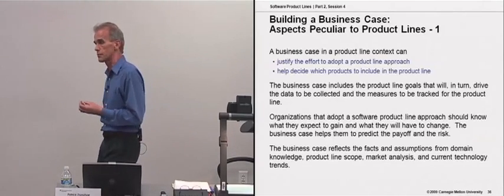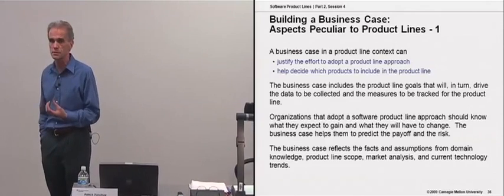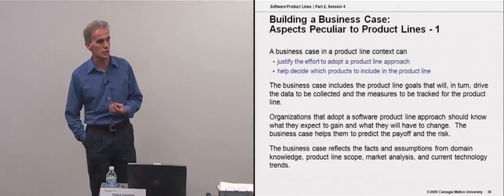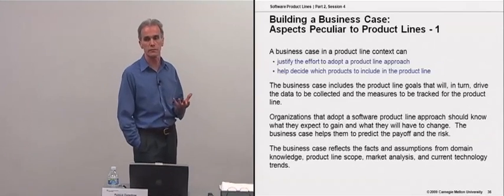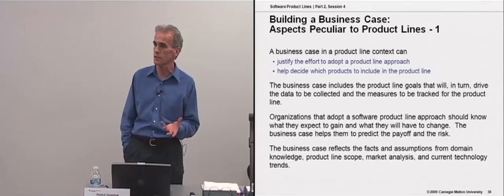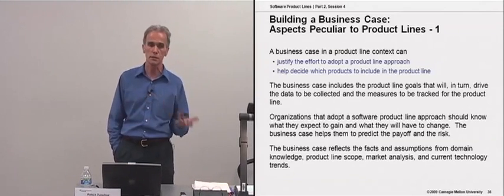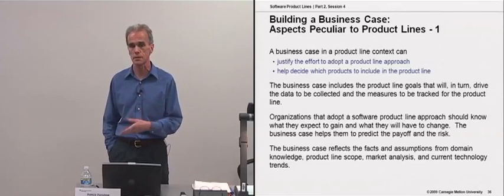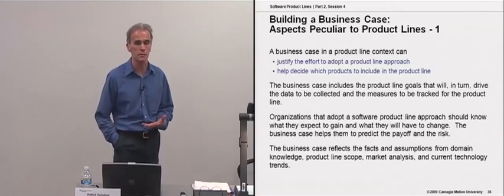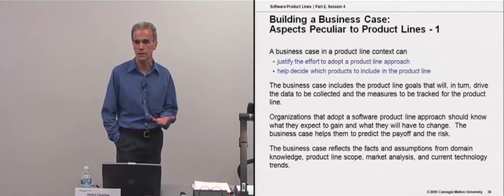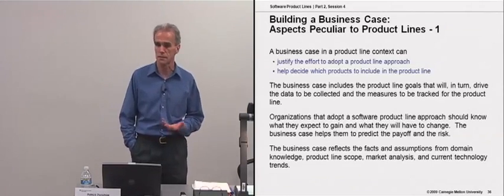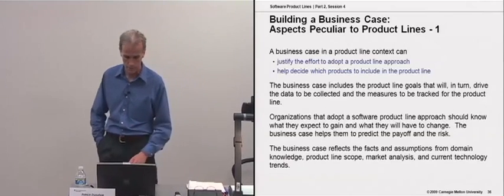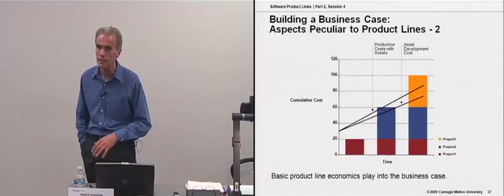It will also help you determine whether or not any proposed customer project should be built as a member of the product line. So there's a business justification associated with going into product lines in the first place, and then there's a business justification associated with whether or not any particular customer product development effort should be done as a member of the product line or outside of the product line.